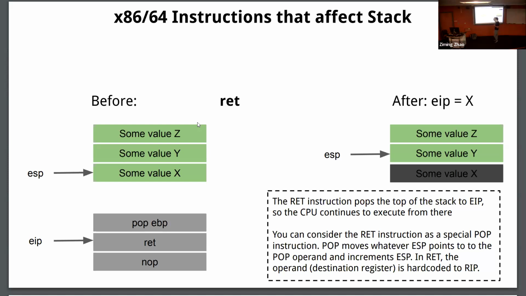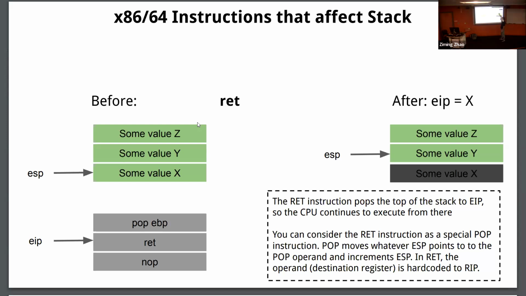So this is the code. We have this function running there. Now we reach the end of it, which is return. After that, it doesn't matter because we're going to return. We're not going to execute the next one, right? Then ESP in this case points to the value X. Then this will simply do a pop of the value X to the EIP.